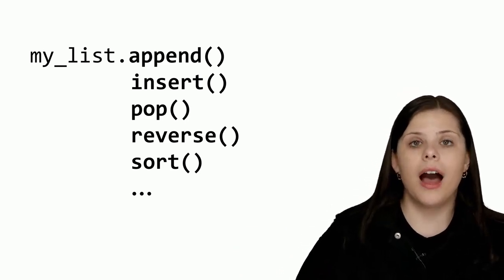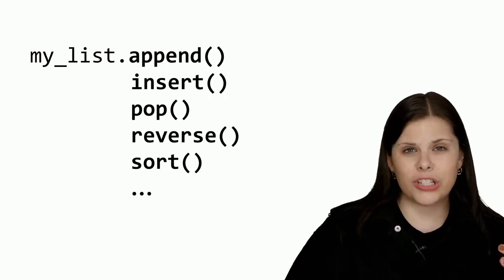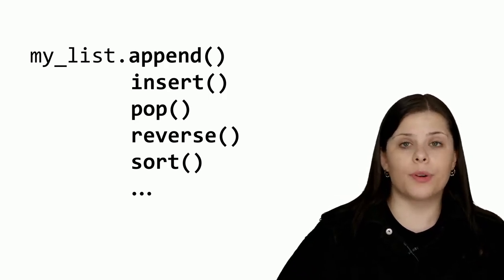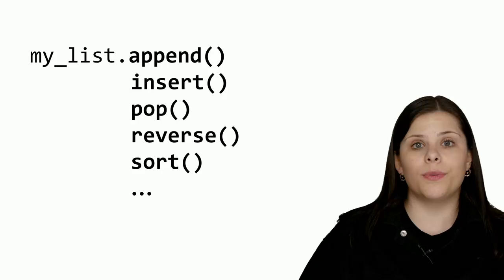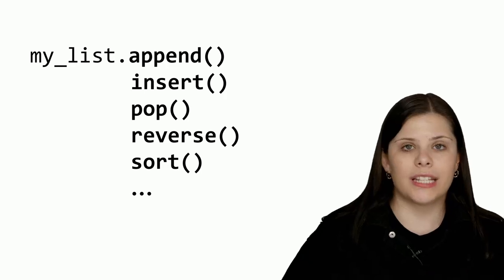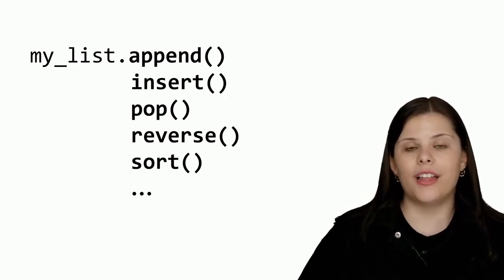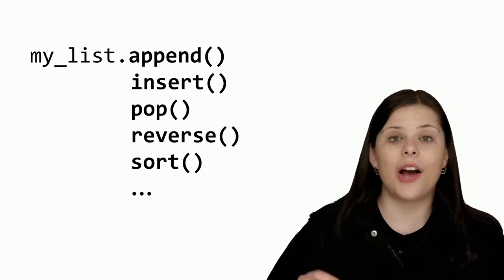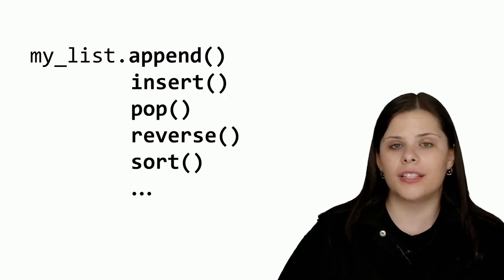So for example, append will just add an element to the end of the list, pop will remove some element, reverse will literally just reverse the list, and sort will sort the list according to the values. And there are so many more different methods, and even the methods that are on the screen right now also take different arguments, and they're very customizable, right?